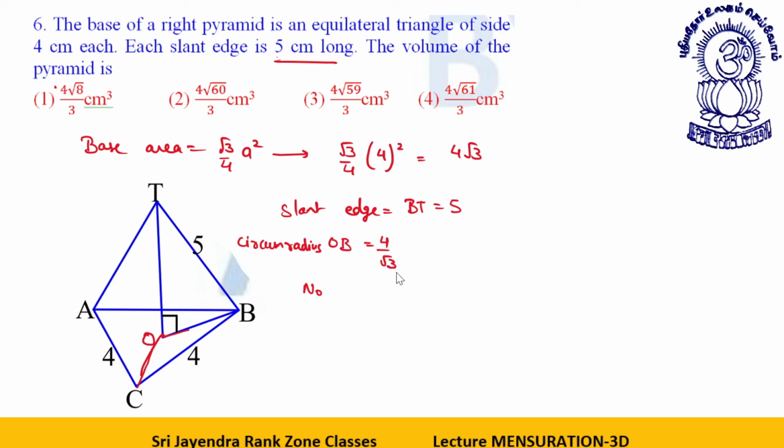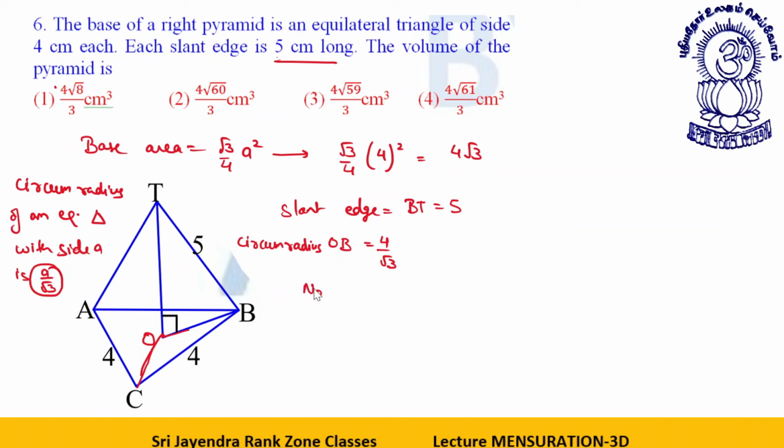That is A by root 3. I write it again. Circumradius of an equilateral triangle with side A is A by root 3.